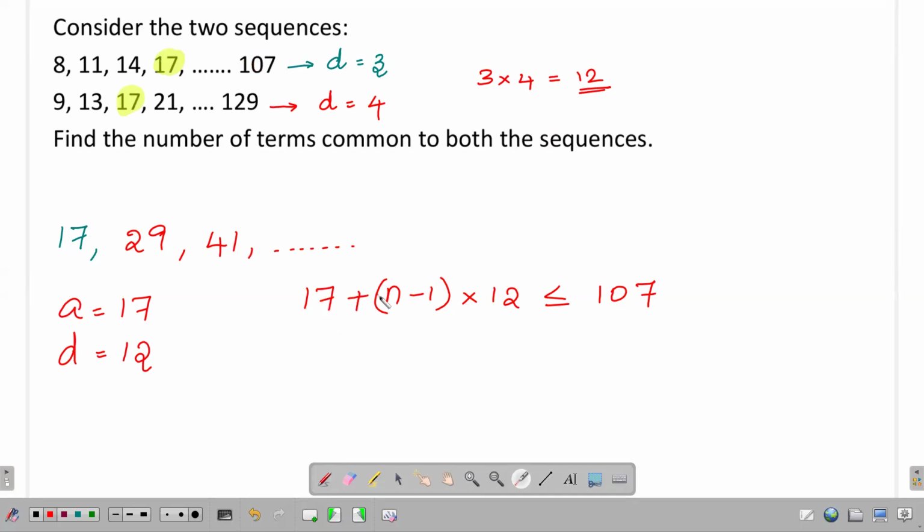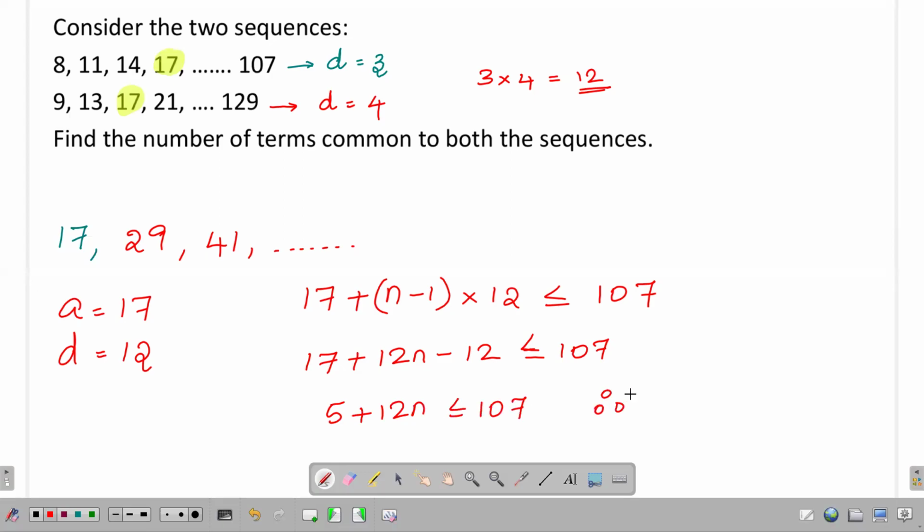So a plus n minus 1 times the common difference 12 should be less than or equal to 107. Let me simplify it: 17 plus 12n minus 12 is less than or equal to 107. So 17 minus 12 is 5, plus 12n should be less than or equal to 107.